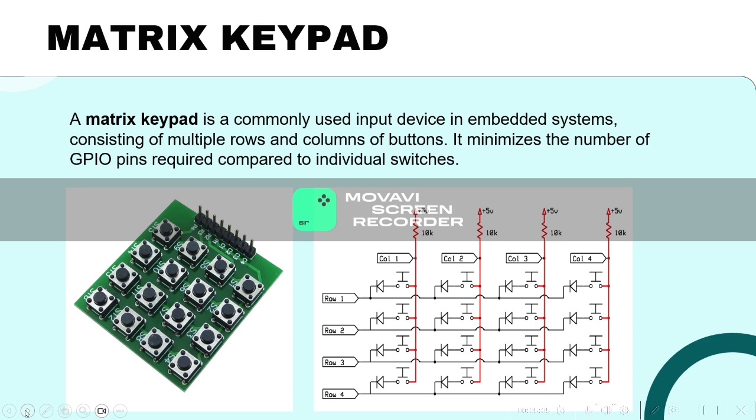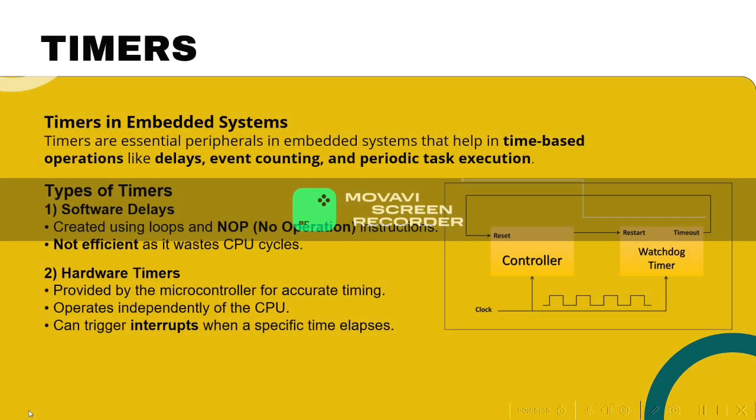It consists of multiple rows and columns of buttons. It minimizes the number of GPIO pins required compared to individual switches. We all know that individual switches require many GPIO pins to operate with a microcontroller. But with the help of a matrix keypad, we can use just one keypad which contains many operations.